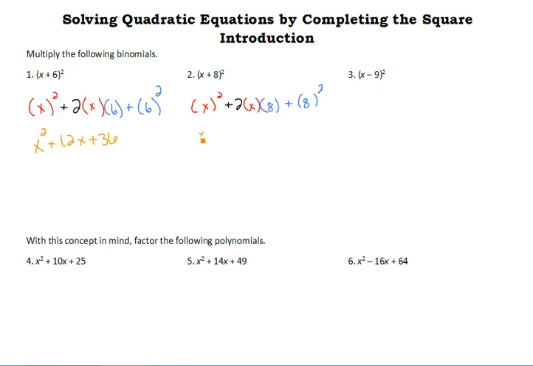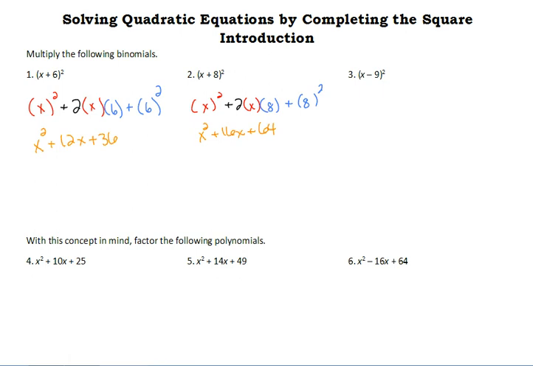Final answer, x squared plus 16x plus 64. So again, that outside number is always going to be our constant term squared. The middle number is going to be our constant term, doubled the constant term.